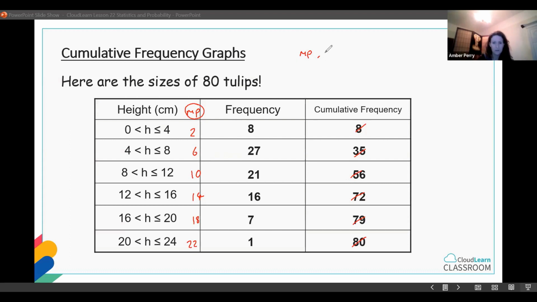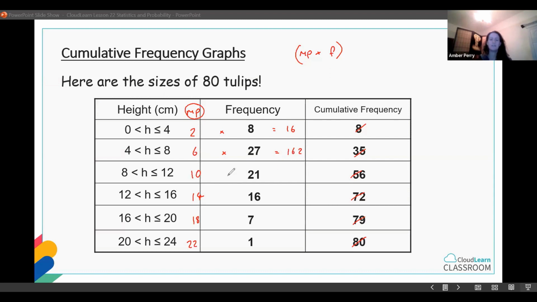Then you do midpoint multiplied by frequency and you add it all up. So we're saying 8 of the tulips are somewhere between 0 and 4, but we're going to say they're approximately 2. So 2 times 8 is equal to 16. 6 times 27 is equal to 162.